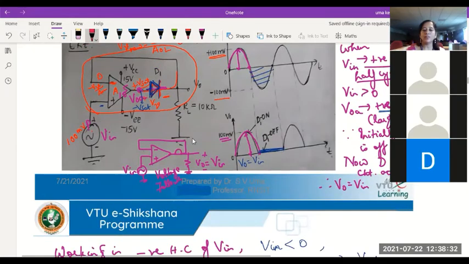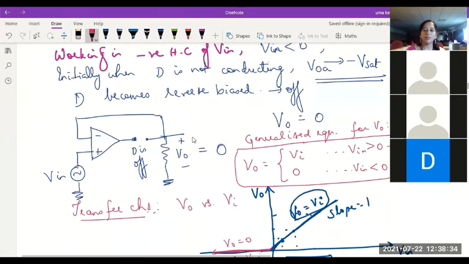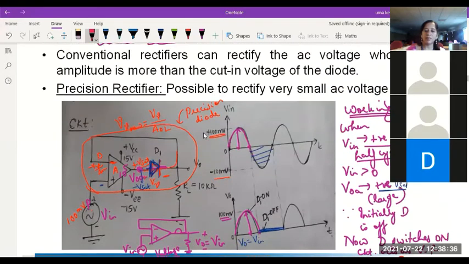So if you just reverse the diode there, you will see that this diode will start conducting when the input goes negative, because a negative value at the input side will make the op-amp output go towards negative saturation, and this diode will be switched on during negative half cycle.